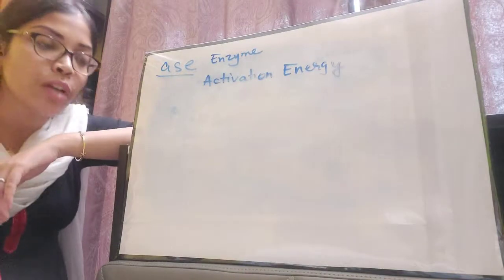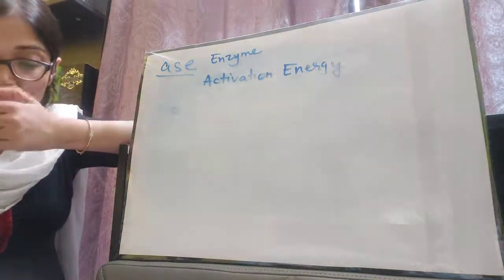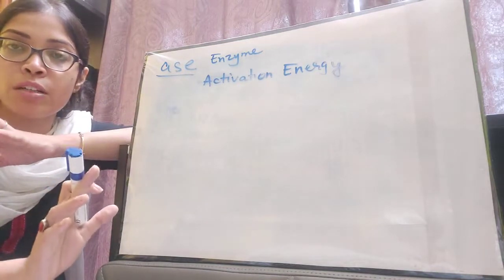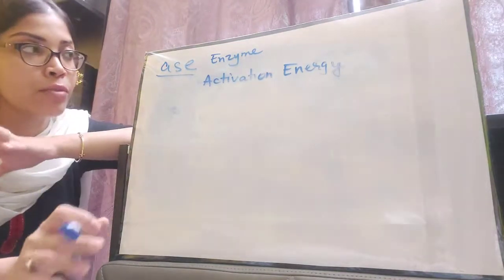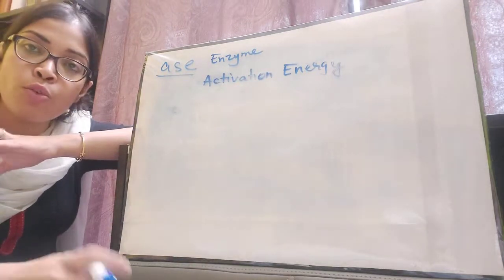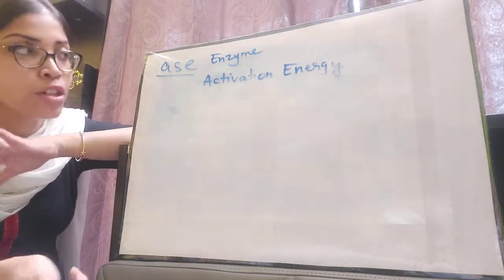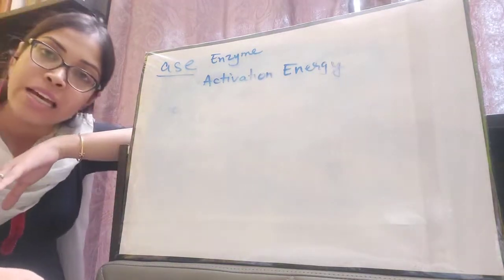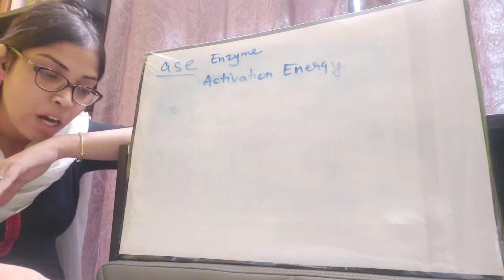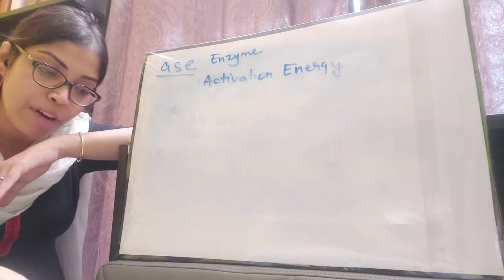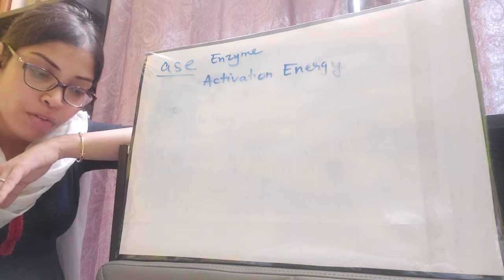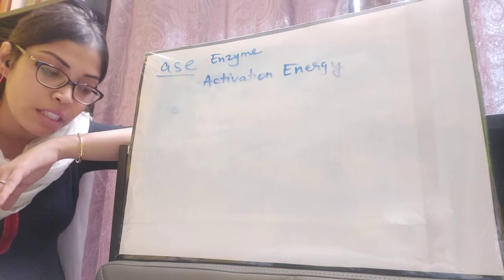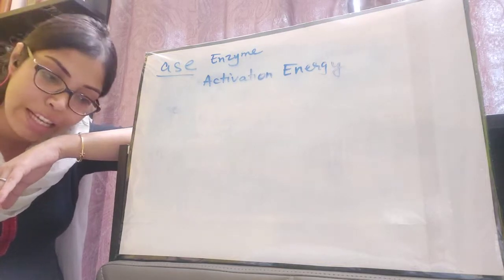So whenever you come across any scientific or biological term which ends with ase and you don't know whether that is an enzyme or not, just by looking at this ase part you will get to know that it is an enzyme. Now, enzymes can be found in the cytoplasm, mitochondria, lysosome, microsome, etc. These are all the locations of enzymes.